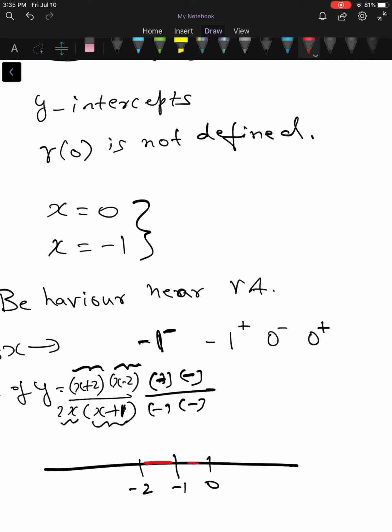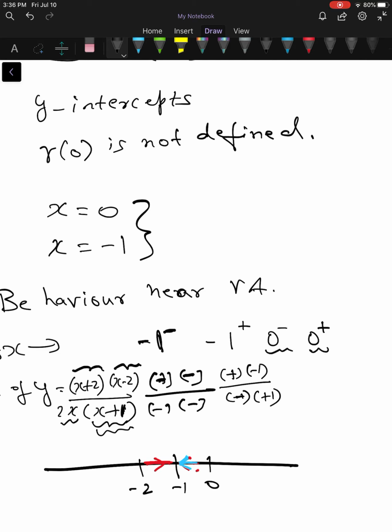So what happens to negative 1 plus? It is this way. We consider values that I am marking in blue. So what happens to that? The numerator factors will carry these signs, that is positive and negative, and the denominator will have negative obviously, and this would be positive because this term x plus 1 is greater than 0. Okay, so that is positive.